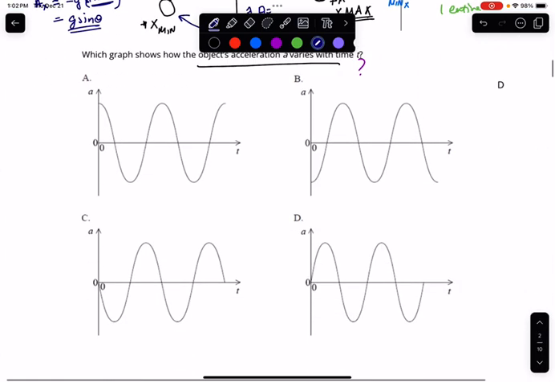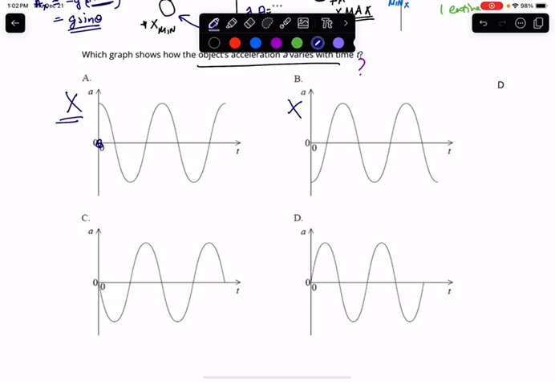If you look at which graphs show this, the first graph does not show it because you have to start at acceleration as 0. The second graph does not show it because the acceleration is not at 0. So you have two choices between C and D, right? You're starting off at 0 and then you're going down.